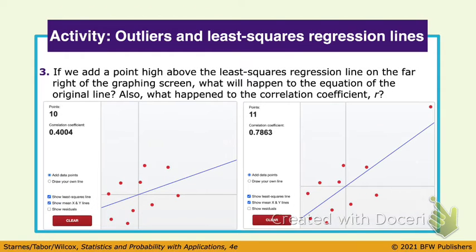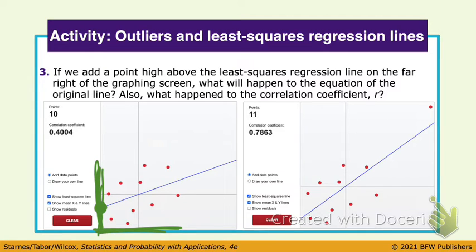So what if we add a point that is on the far right, but it's high above the original line? What do you guys notice about the line? Yeah, so the line got steeper, okay? So the slope changed. And then pretend that this is your y-intercept right here. Let's pretend that's where our y-axis is. Would the y-intercept change from here to there?